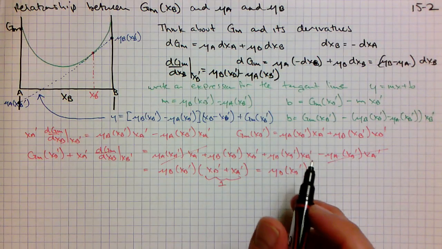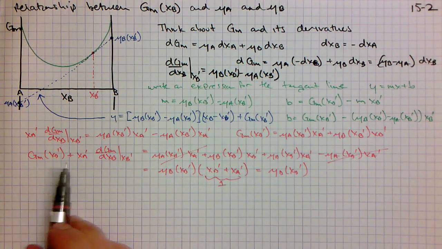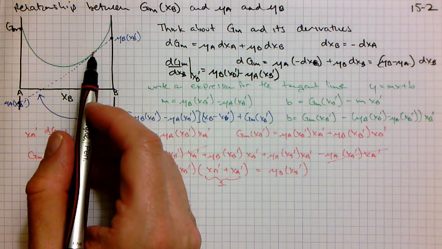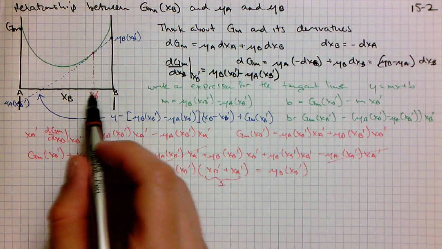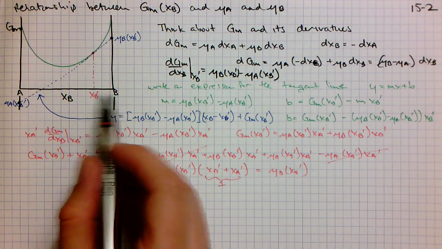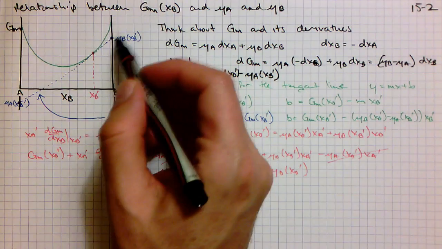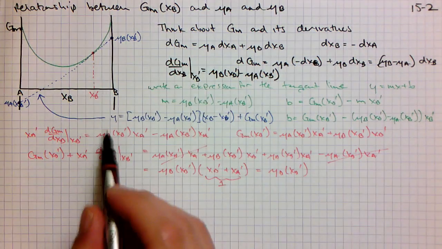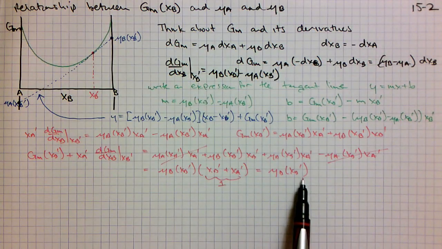Okay, and so this shows us that what we were doing is taking the value here and adding xa prime, which is just the distance on this side of the dashed line, times the slope. So that's showing us that the value at xb equals 1 is equal to mu b xb prime.